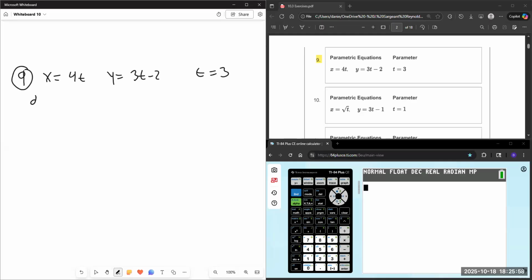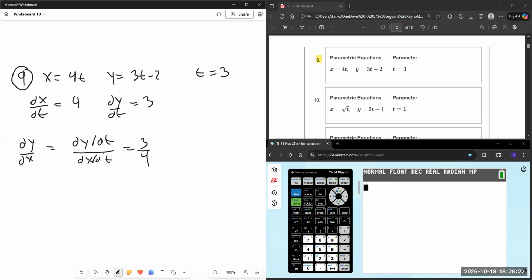Take the derivative of x with respect to t, and we get 4. The derivative of y with respect to t, we get 3. So dy/dx will be dy/dt divided by dx/dt, which is 3 over 4.